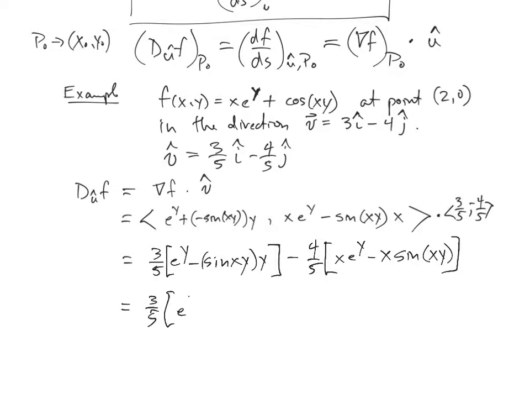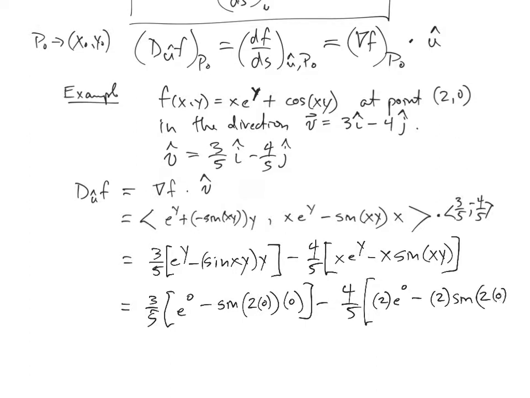Everywhere there's a y, it's a 0: minus the sine of 2 times 0, minus 4/5 times, x is 2, 2 times e to the 0 minus 2 times the sine of 2 times 0. Okay, and you calculate that out and you get negative 1.